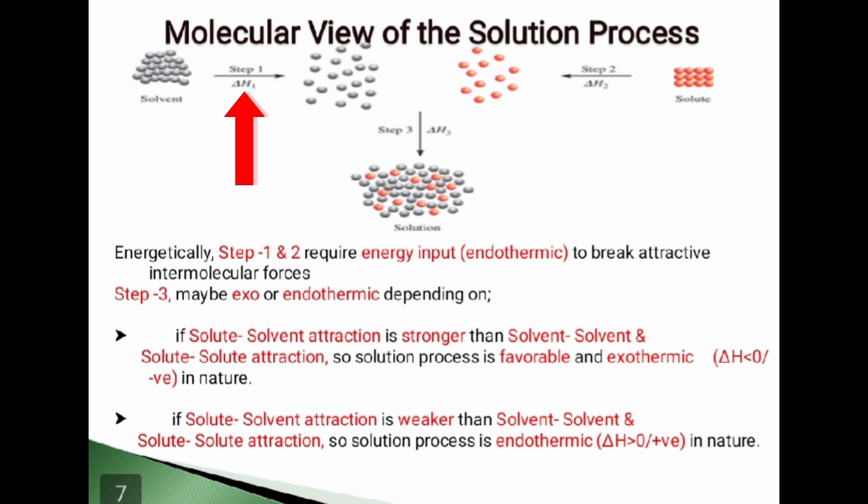So in step 1, disruption of the solvent molecular bonds happens. In a similar way, in step 2, separation of the solute molecules occurs by energy absorption, disrupting the molecular bonds of the solute.